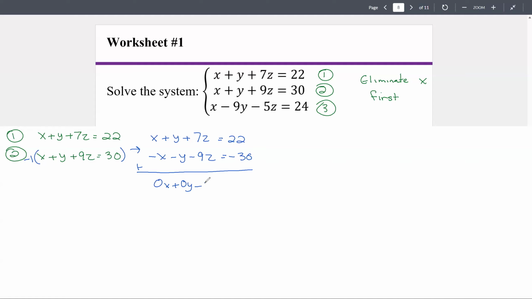And then I had a negative 2z equal to negative 8. So I was left with negative 2z equals negative 8, which is just z is equal to 4. Because z is 4, we already have one of our variables.